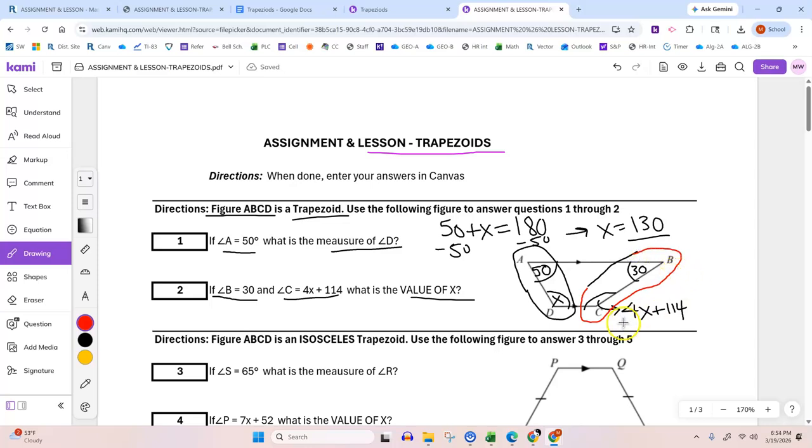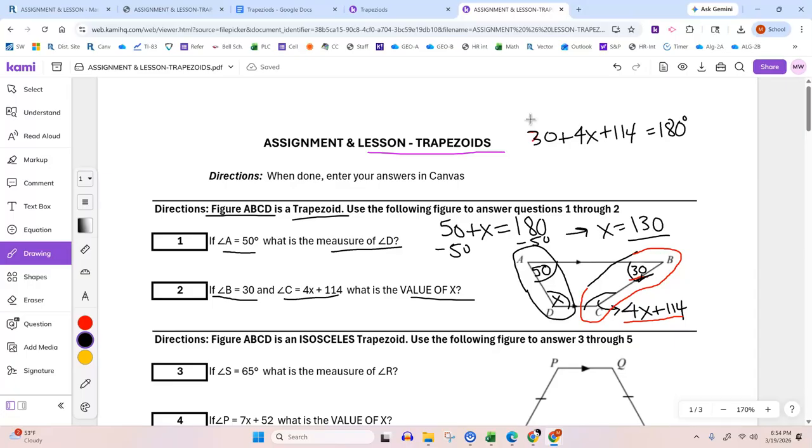So I can go 30, which I get from over here, plus 4x plus 114 is equal to 180 degrees.